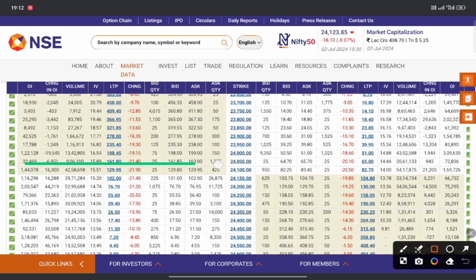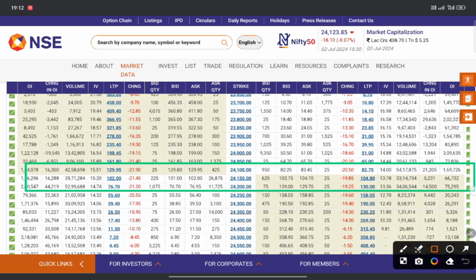This strike price is known as ATM, because it's the strike price where the market is trading right now, around 24,150. That's why we call this ATM, at the money. And here you can see in the upward direction on the call side, we call this ITM, in the money.